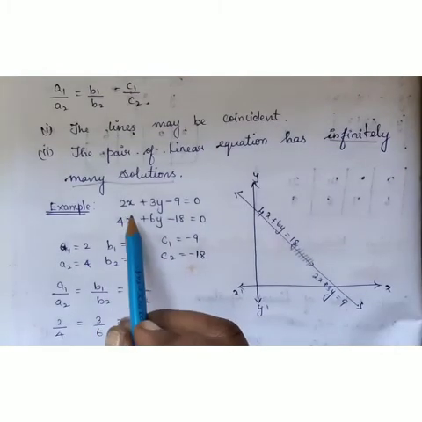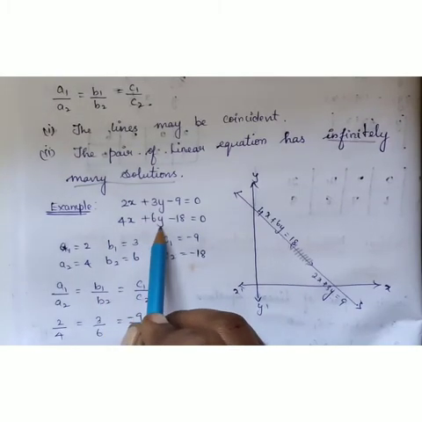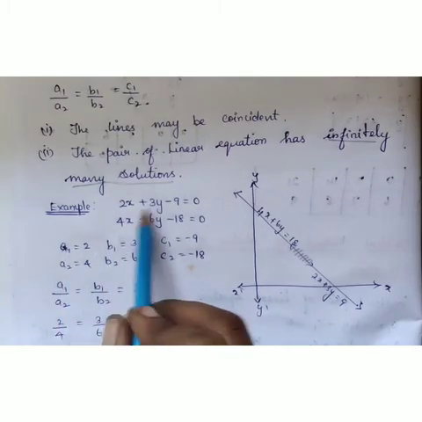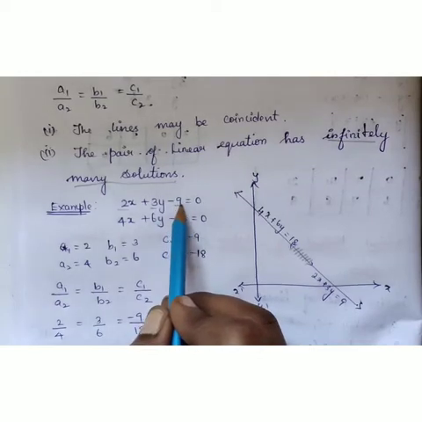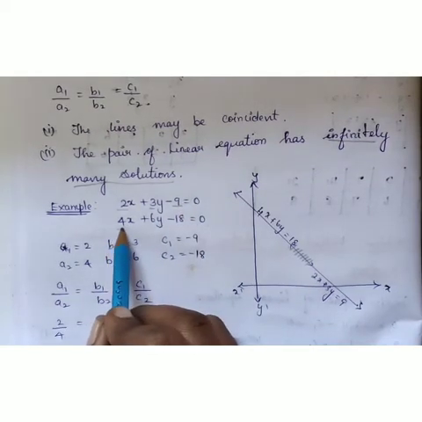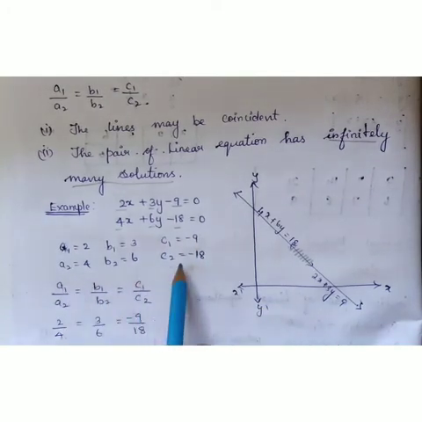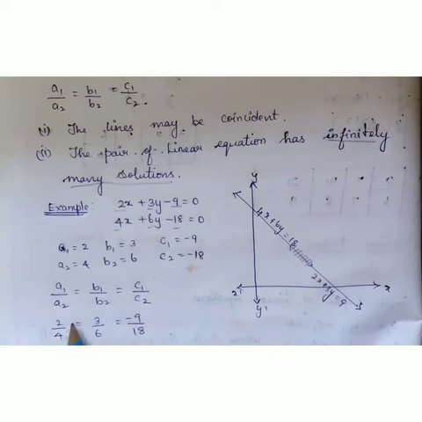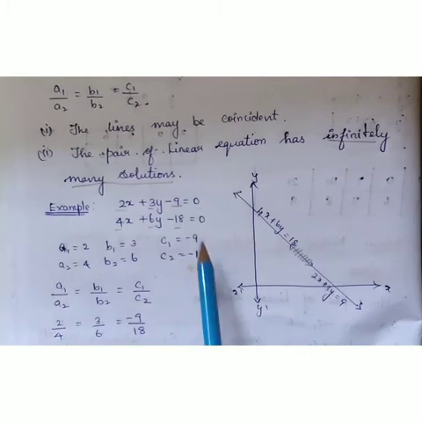Now let us take the example 2x plus 3y minus 9 equal to 0 and 4x plus 6y minus 18 equal to 0. In this, a1 value is 2, b1 value is 3, c1 value is minus 9. a2 value is 4, b2 value is 6, c2 value is minus 18. Now we have written all the values, let us check the condition, whether a1 by a2, b1 by b2, c1 by c2 are equal. Now 2 by 4, 3 by 6, minus 9 by minus 18.